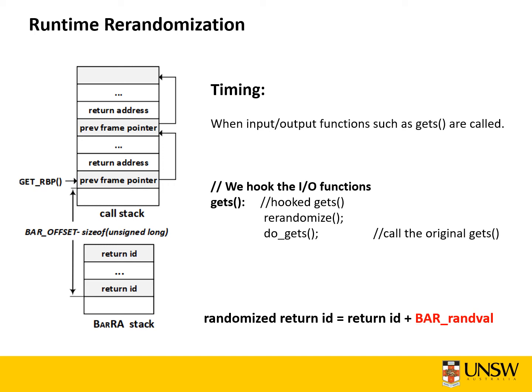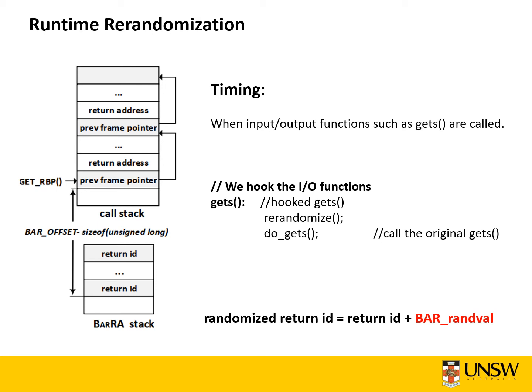When a return address is pushed on the core stack, we also store its corresponding return ID on the Bala stack. At runtime, we can generate a random value and add it to each return ID on the Bala stack. In this way, all these return IDs on the Bala stack are re-randomized.